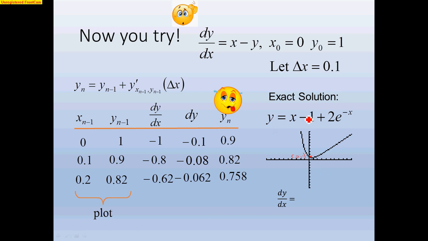So let's take, we can do this, right? What is the derivative of y with respect to x? Well, the derivative of x is 1. The derivative of this constant goes away. The derivative of 2e to the negative x is e to the negative x with that 2 in front. Chain rule, spit out the derivative of negative x and you just get a negative, right? Well, wait a second. That doesn't look at all like this, right? But this is y, is it not?